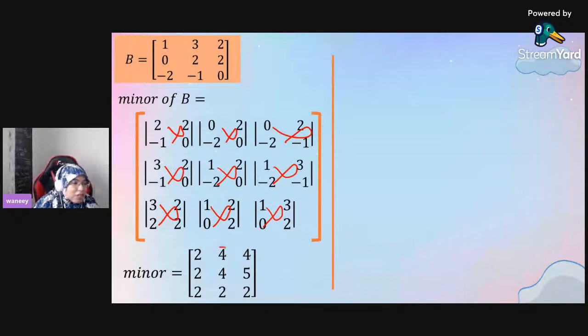Right, so now let us calculate the cofactor. For the cofactor, we simply need to refer to the diamond position and multiply them with -1.